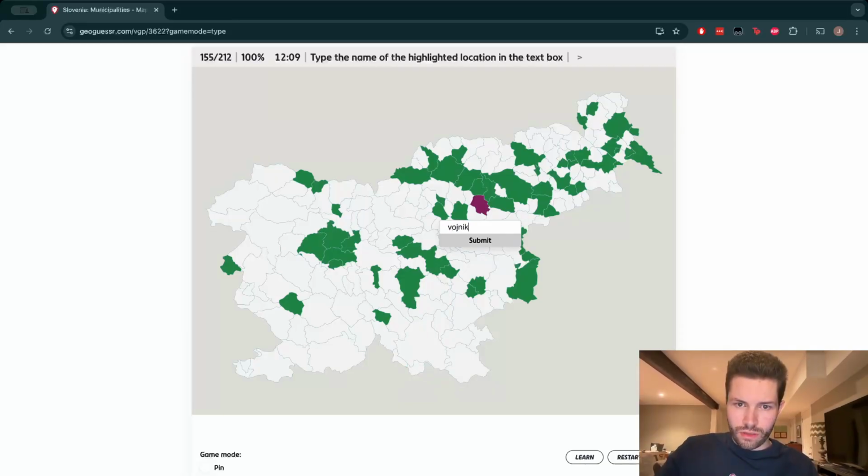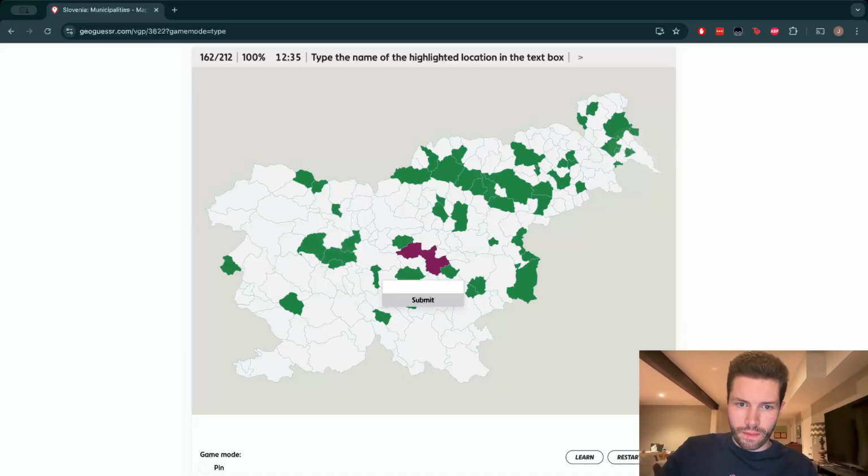This would be Vojnik. This is the other Sveti Jurij ob Ščavnici. This one is Markovci. This would be Žetale. Ljutomer. That is Škofja Loka.